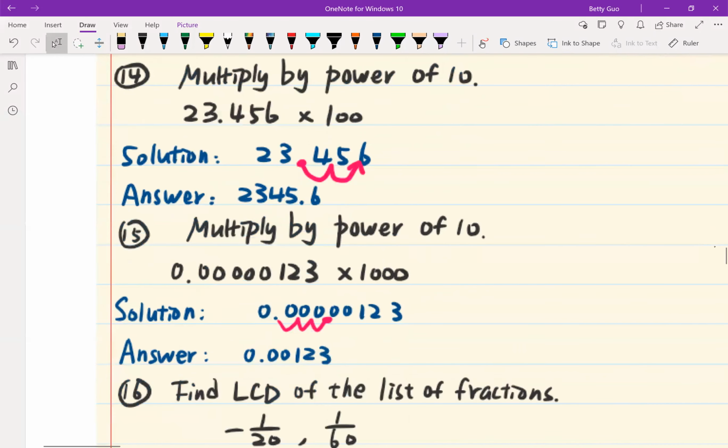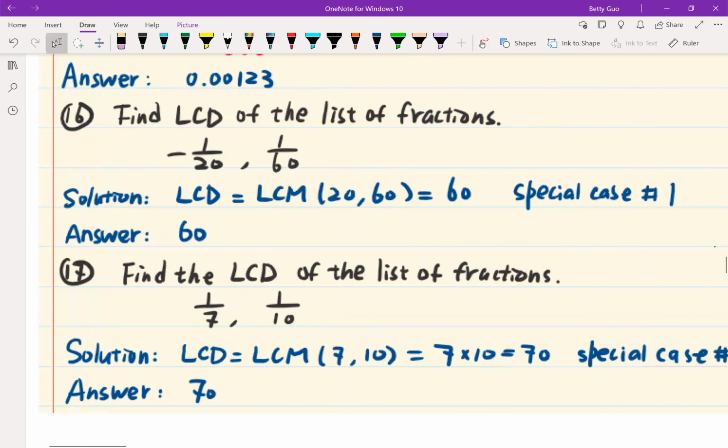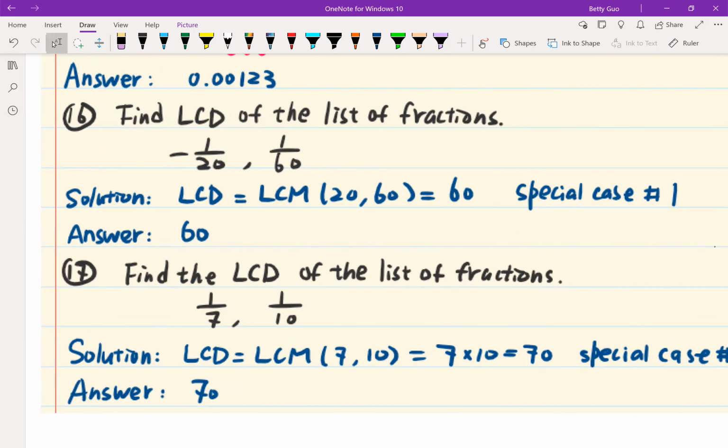Number 16 and 17. For 16, we need to find the least common denominator of the fractions. Negative 1 over 20, the other fraction is 1 over 60. What's the least common denominator? The least common denominator of the two fractions is the least common multiple of the two denominators.